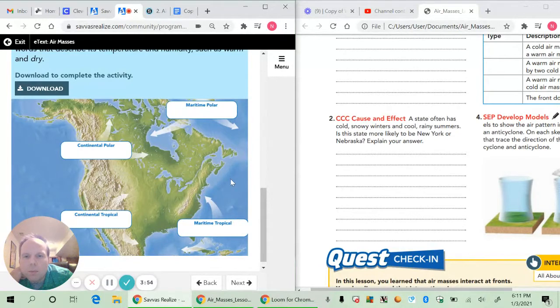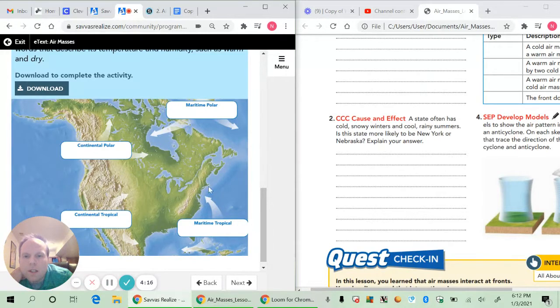And you can see you're really close to the ocean, right? And Nebraska, that is just a little bit southwest of Minnesota, kind of over in this area where I'm pointing to. Kind of smack dab in the middle of the continent, far away from oceans, right? These are going to be mostly continental air masses that impact you.